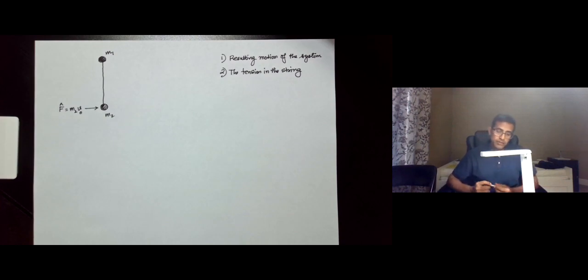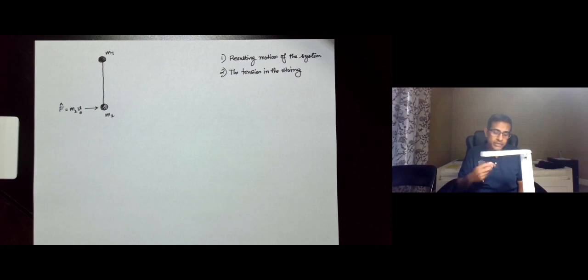So there are various ways to solve this problem, and we will explore the solution from multiple directions, multiple avenues, multiple approaches. One approach is to deduce the motion of the center of mass of this system as a result of this impulse.